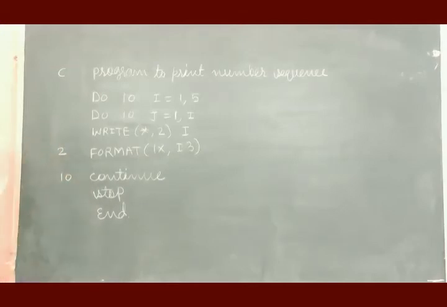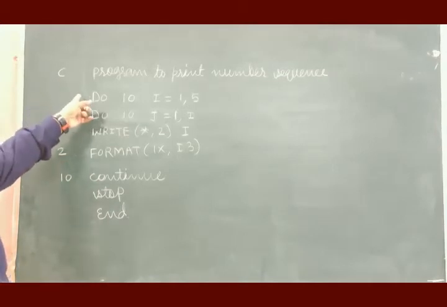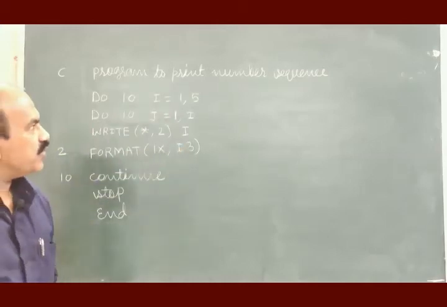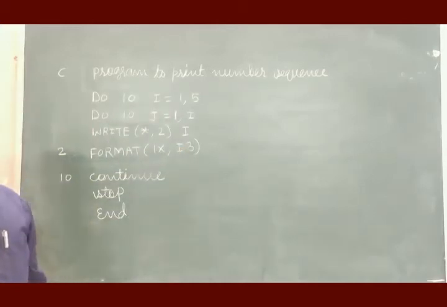This is a simple program using a nested do loop. Let us try to understand this program. C is a comment line, and the comment is: Program to print number sequence.